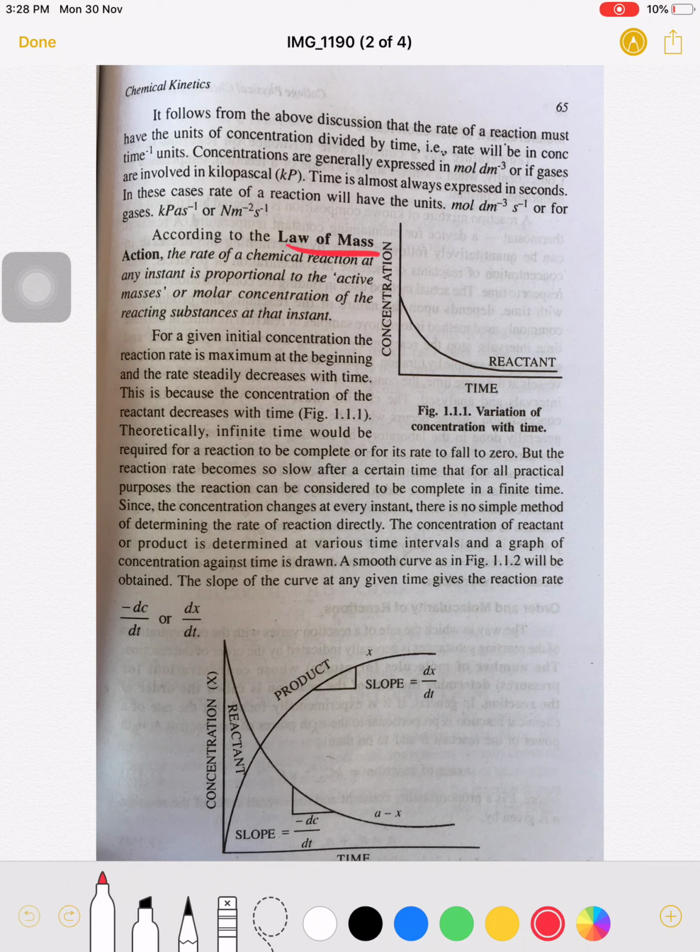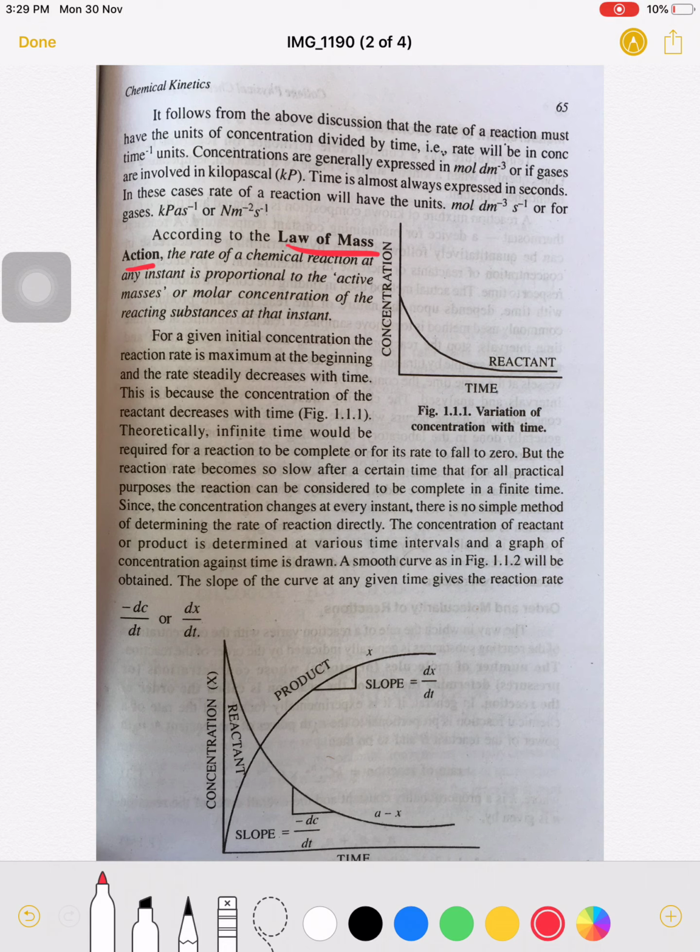According to the law of mass action, so you must know about the law of mass action. According to the law of mass action, the rate of chemical reaction at any instant is proportional to the active masses or molar concentration of the reacting substance at that instant.